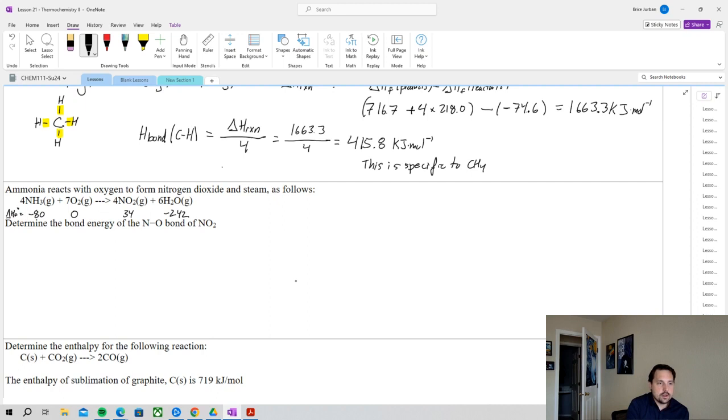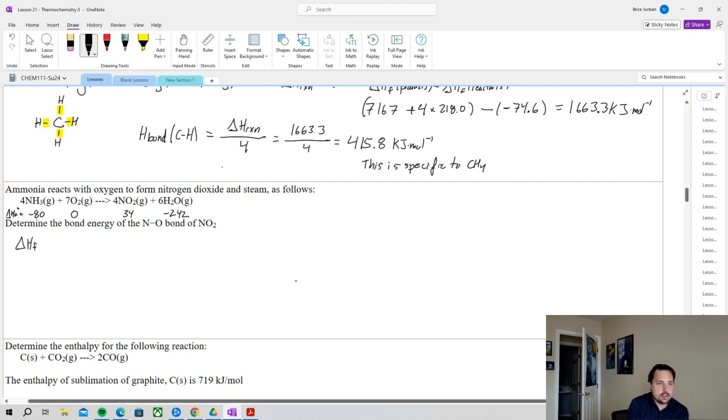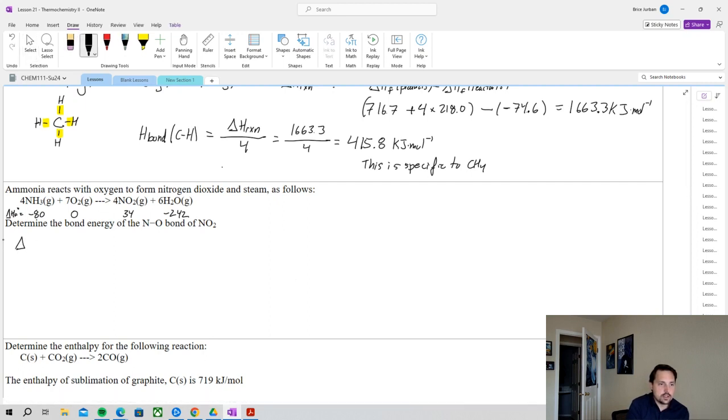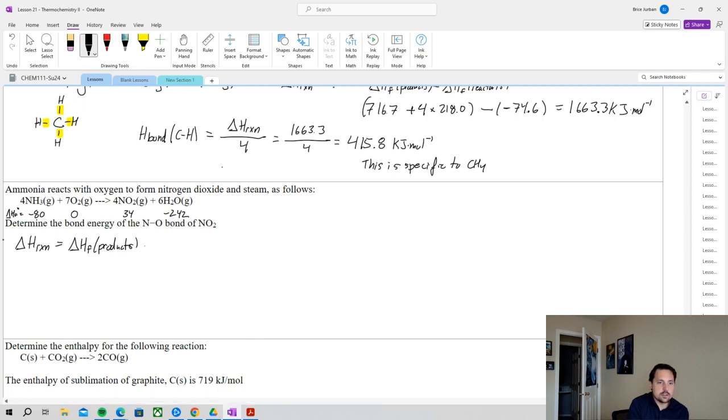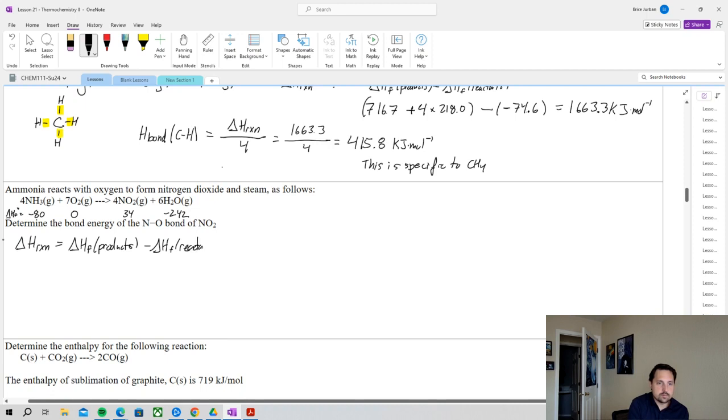Okay, so we'll figure out the enthalpy of the reaction by taking the enthalpy of formation of the products minus the reactants. You could also use Hess's law if you wanted. This is essentially Hess's law, it's just using heats of formation.